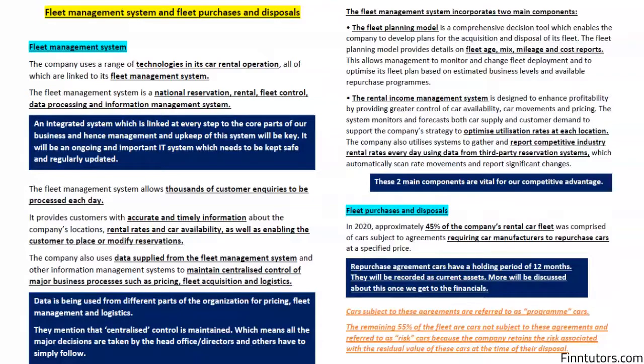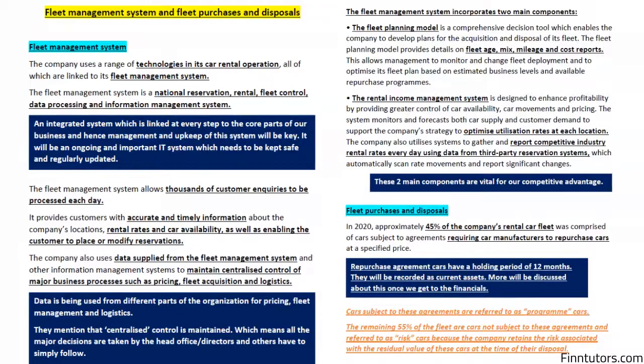It provides details on the age, the mix, the mileage, and the cost reports. This allows management to monitor and change the fleet deployment and to optimize its fleet plan based on estimated business levels and repurchase programs. So under the fleet management system, the fleet planning model helps you figure out the age of the cars, the mix of the cars, the mileage, and the cost reports.